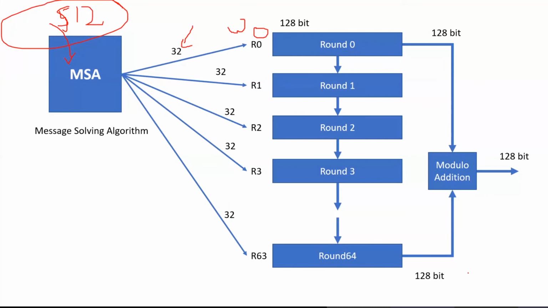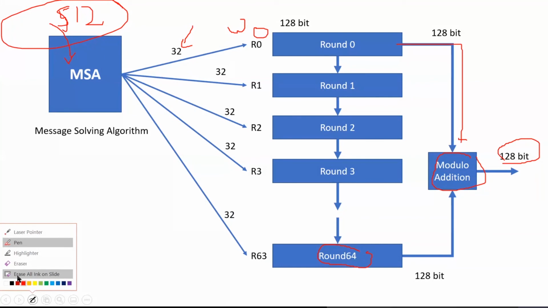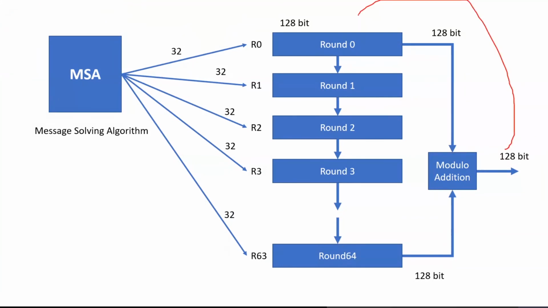Finally, the output of the 64th round is again modulo added with the initial input, and the final output is used for the next 512 bits.